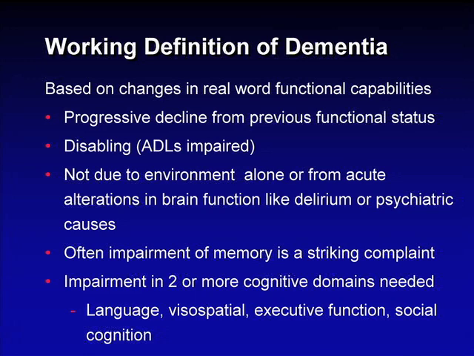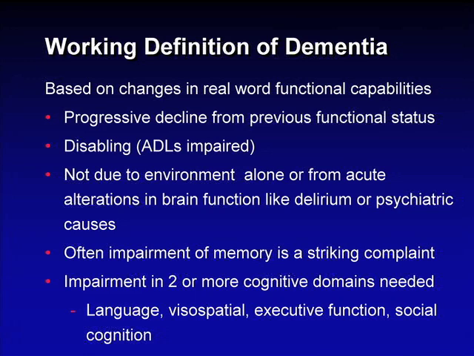So let's start out with the working definition of dementia. The idea here is to define a clinical picture. So we are really focused on real-world functional capability problems. Is there a progressive decline from your previous functional status? Is it disabling? Are your activities of daily living impaired? Are there environmental problems or other alterations in brain function, like delirium or stress or psychiatric illnesses, that can explain what you're seeing?